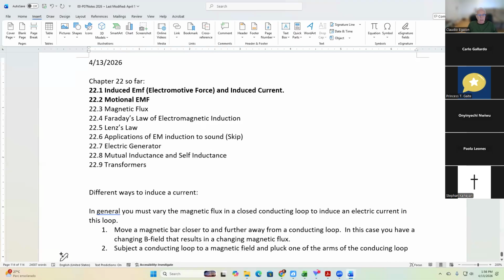In the second one, you subject a conducting loop to a magnetic field and pluck one of the arms of the loop to make it oscillate like the string of a guitar.